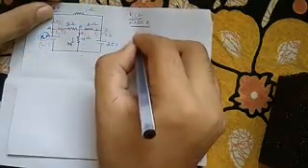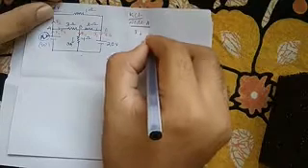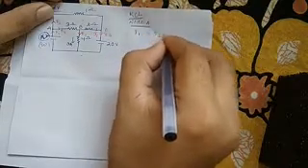So for node A, we can write I1 incoming is equal to I2 plus I3.